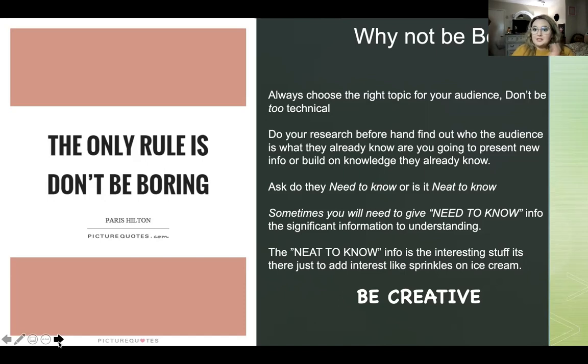It's cream in a solid form. That's a need to know. Someone might not know what ice cream is. So you need to tell them what it is in its basic state. That's kind of like the boring stuff, right? But then you get to the really exciting part where you just start adding interest. This is called your nice to know. It's like the ice cream's toppings, or the sprinkles that you add on top of the ice cream.